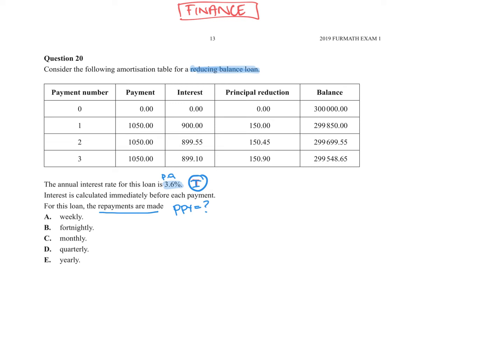So what we're going to do is look at the amortization table, and we could maybe use the interest, because that's going to have how many times per year. Now, the interest amount is found by doing the rate per annum divided by PPY over 100 times the balance before. So PPY is our question. We can get everything else.